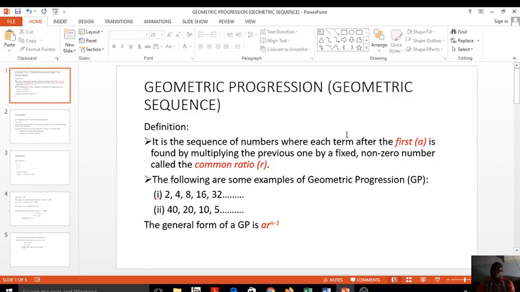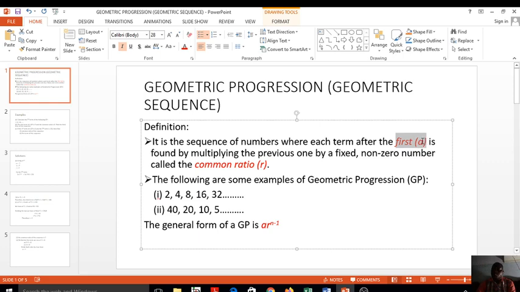So first of all, let us define what geometric progression is all about. We define geometric progression as the sequence of numbers where each term after the first term, and take note of this, after the first term, in geometric progression, the first term is denoted by a small letter a, is found by multiplying the previous one by a fixed non-zero number.